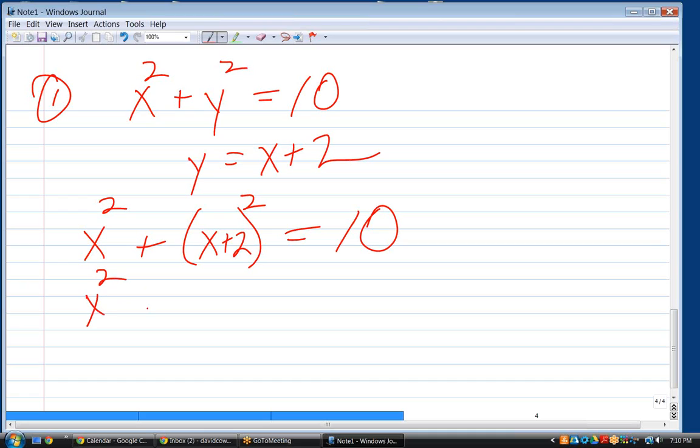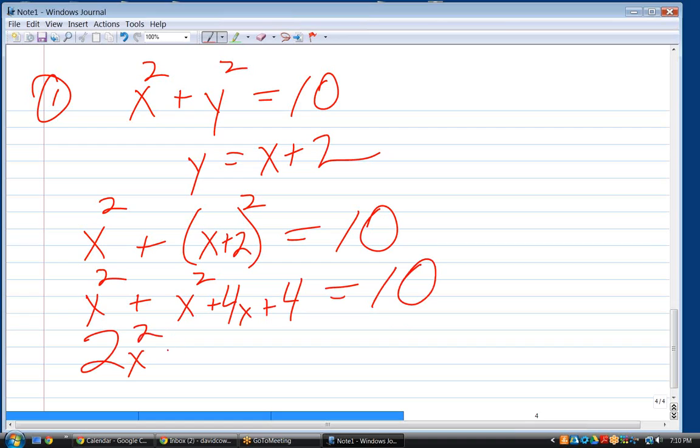What's (x plus 2) squared equal? X squared plus 4x plus 4. Now if we combine everything, looking at a quadratic again, what's the next step?